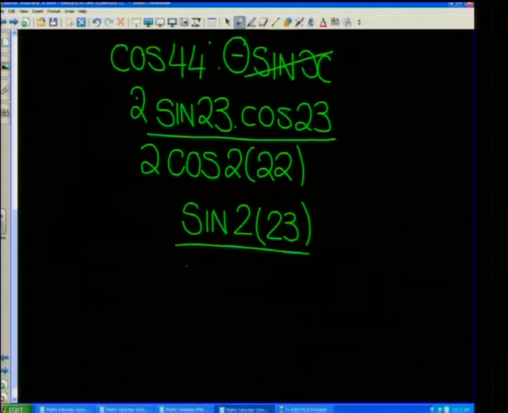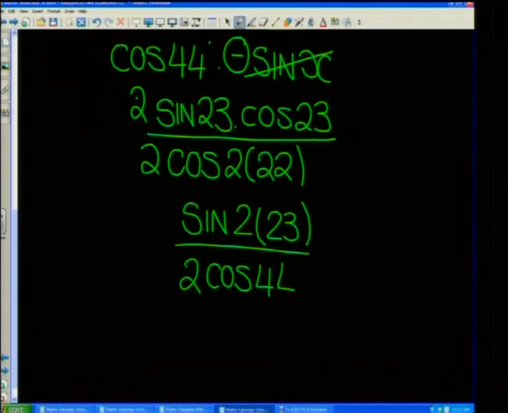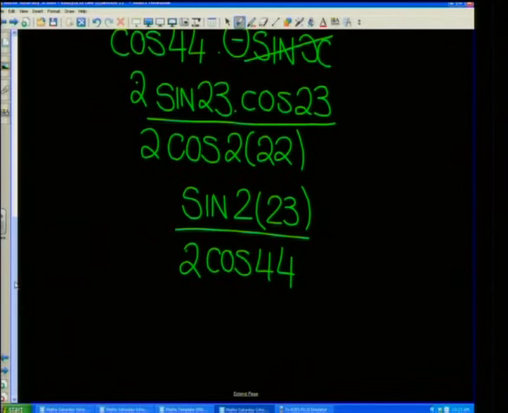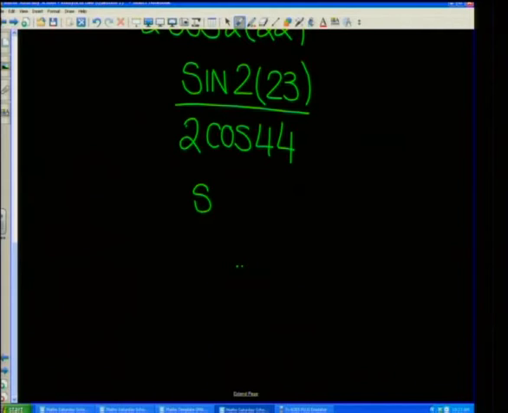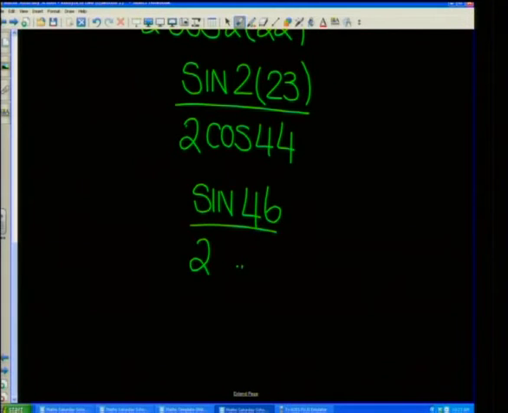I'm actually going to put this back as sine 44, and I'll show you now why. If I take 2 times 23, that gives me sine of 46 over 2 cos 44.